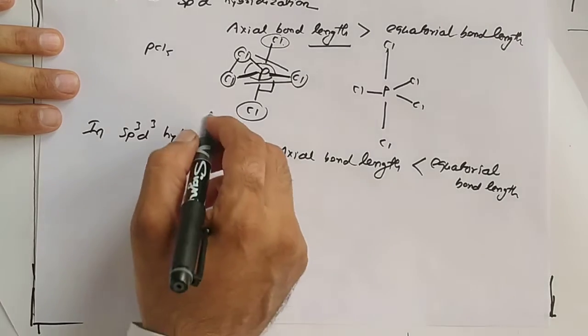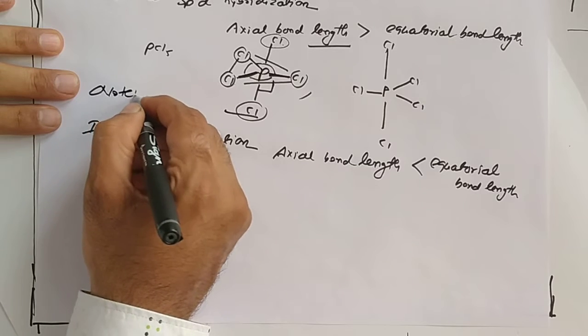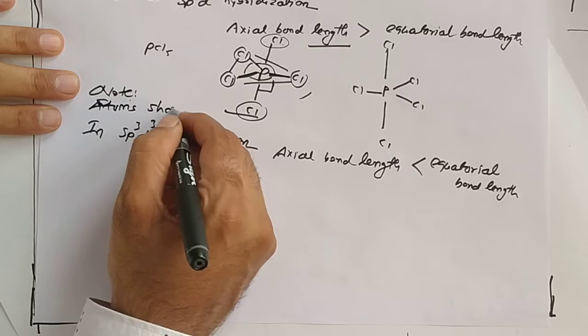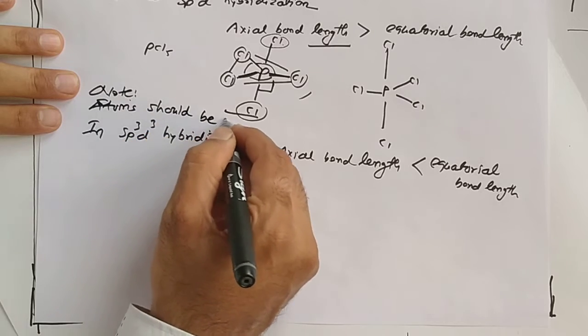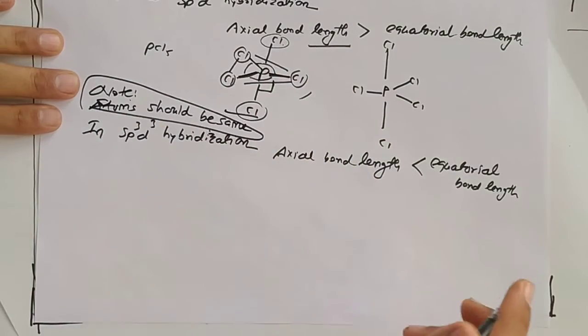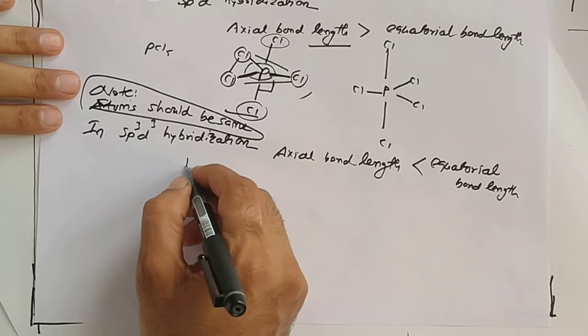But store in your mind, the atoms should be the same. Here and here also. Here the example is IF7, 1 iodine.